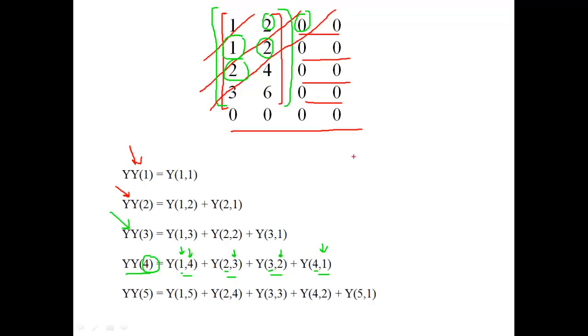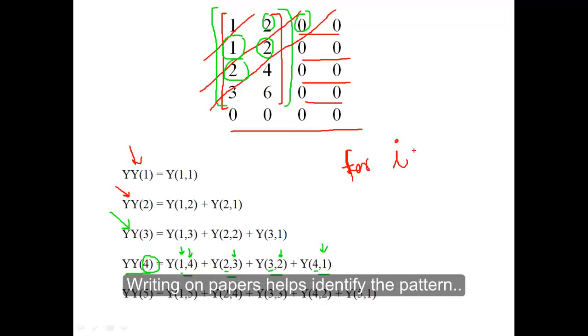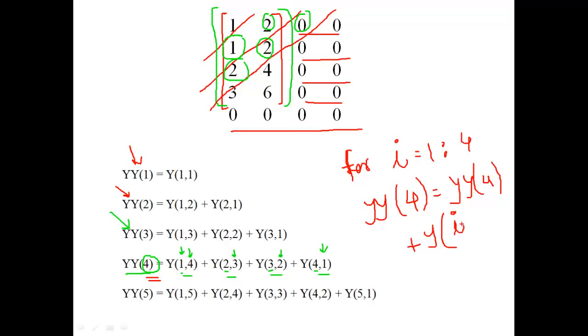We can have one for loop. For the fourth term, you'll vary i from 1 to 4, and you'll have y of 4 equal to y of 4 plus y of i, this is the row, for the 4 values 1 2 3 4, comma 5 minus i.